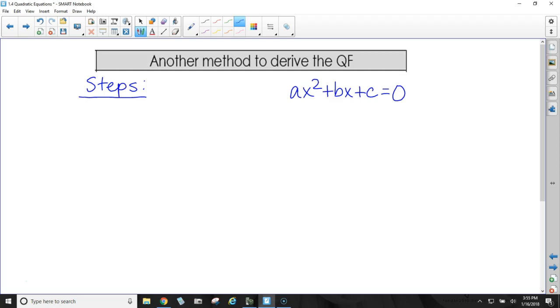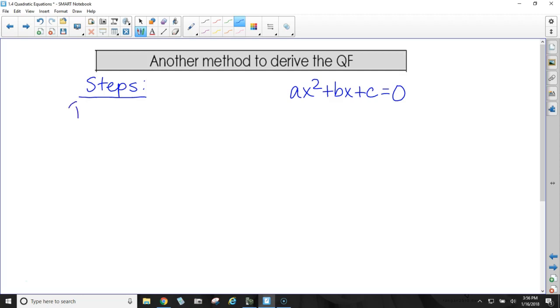As we're going through, you might be saying, why are you doing what you're doing? My answer is going to be, because I can. It's legal algebraically, is what I meant to say.